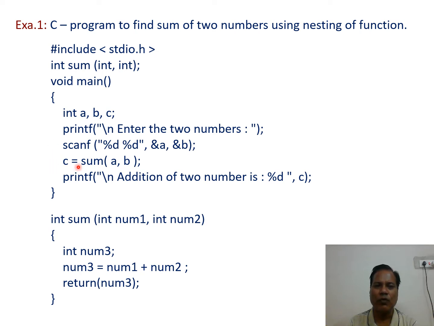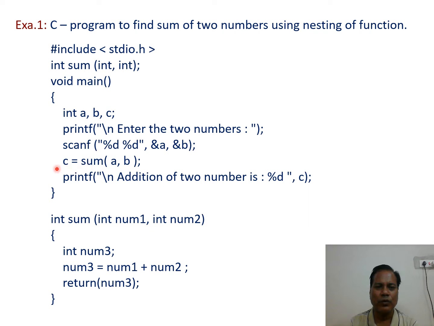Then c = sum(a, b); semicolon. The sum function is called, and while calling the function, the values of a and b are passed to this function.